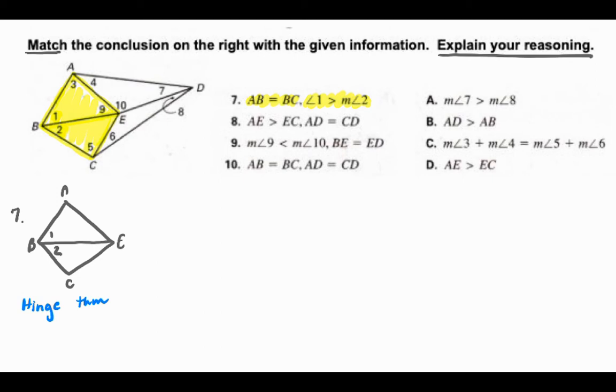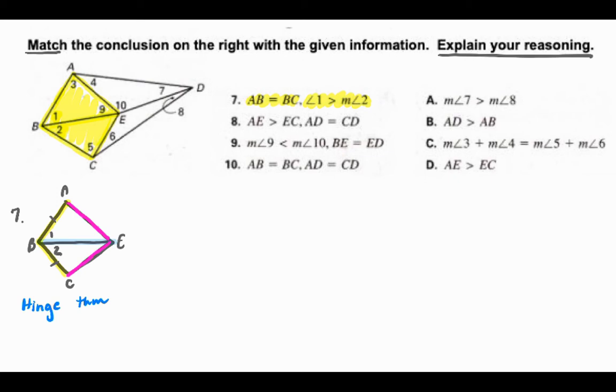So we have our hinge. My set of sides that were identified as being congruent and the shared side will complete my hinge. So since I have the angle information, I can get the side information.